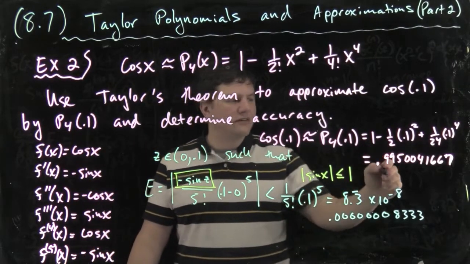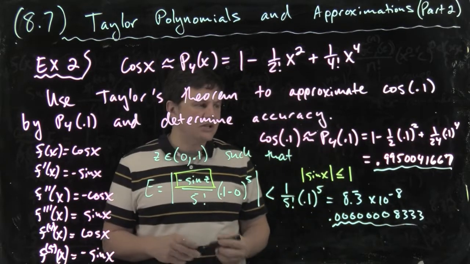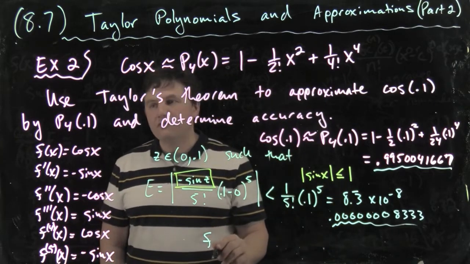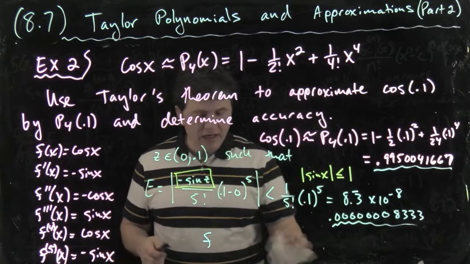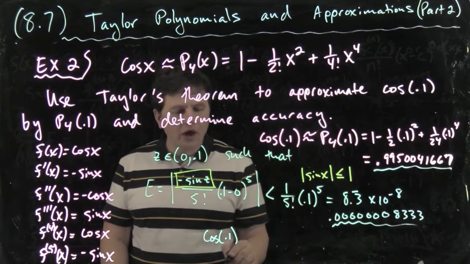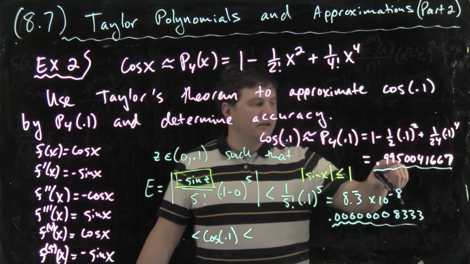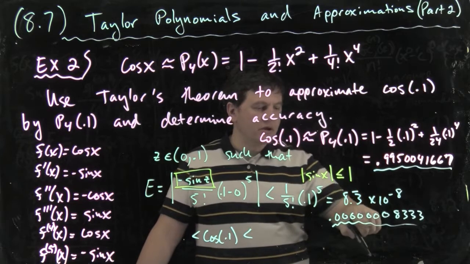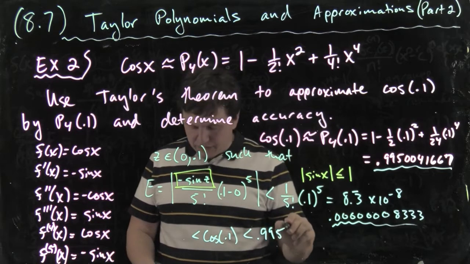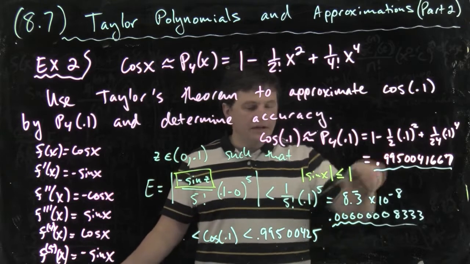So this is our approximation, and this is the maximum error bound. Sometimes they have you do this, sometimes they don't, so don't get confused. If I want to get an idea of what the actual value is, I can say cosine of 0.1 is going to be between 0.99500416667 plus that error, which gives us 0.99500425, and the same thing for the back end.